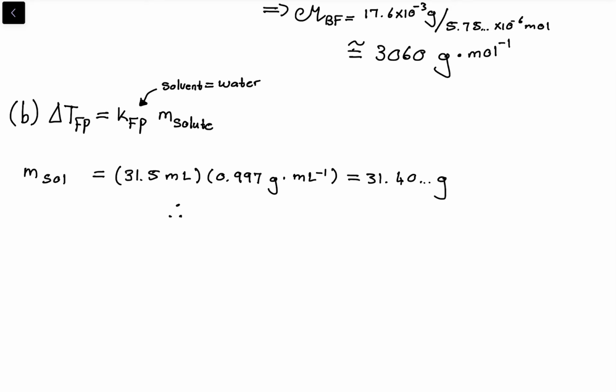Then the mass of the water is 31.40 minus 0.0176, because that's how much bacteria we dissolved. Which gives us about 0.0313 and so forth kilogram water.